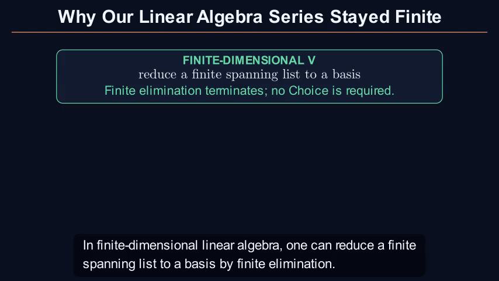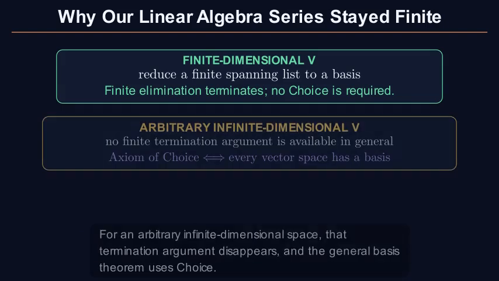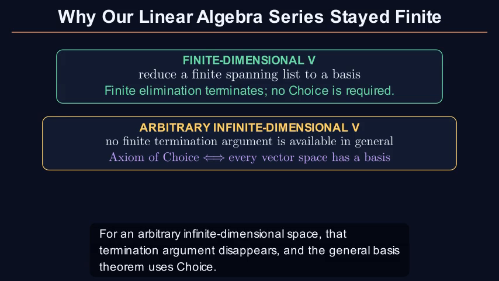In finite-dimensional linear algebra, one can reduce a finite spanning list to a basis by finite elimination. For an arbitrary infinite-dimensional space, that termination argument disappears, and the general basis theorem uses choice.